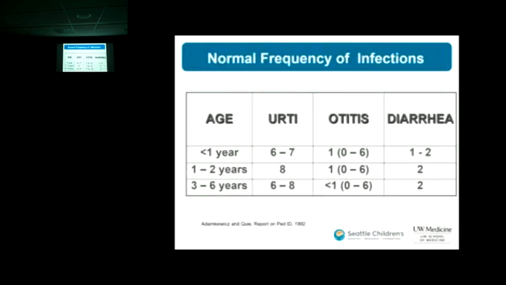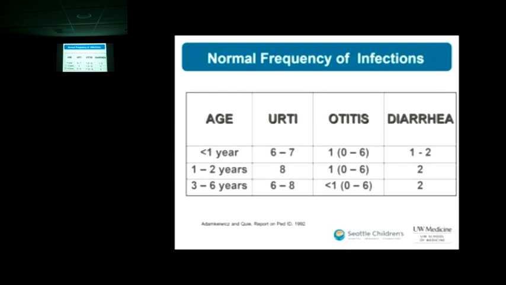So for the adult internal medicine in the group, every 10 or 12 years, there's a new paper that looks at the frequency of how many infections is normal and whether you're in daycare or not in daycare. This is from a long time ago, but what you can see is that the frequency of upper respiratory tract infections in children less than a year is anywhere between 6 and 7.